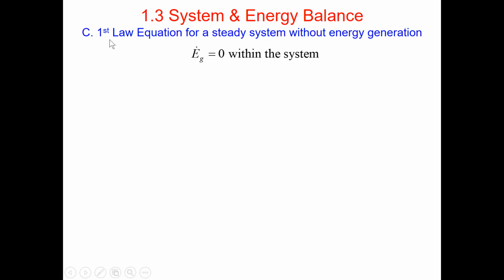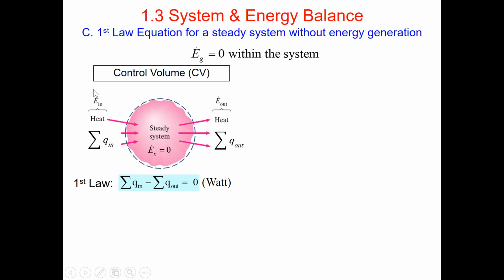C. First law equation for a steady system without energy generation. It indicates variable Eg dot is 0 within the system. First, our system is control volume, CV. It is circled by the dashed line.